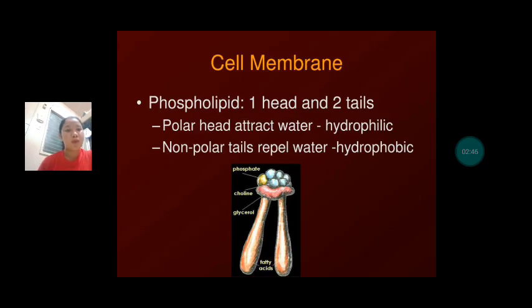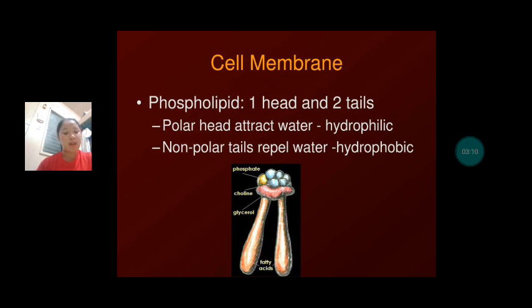A phospholipid is composed of one head and two tails. The polar head is attracted to water, or hydrophilic, and is found at the top. The non-polar tails are repelled by water, the two branch-like parts at the bottom, and are hydrophobic.